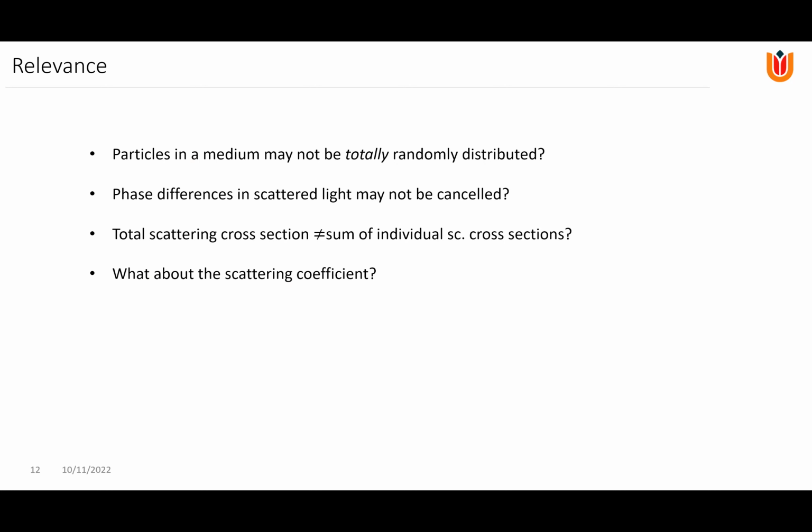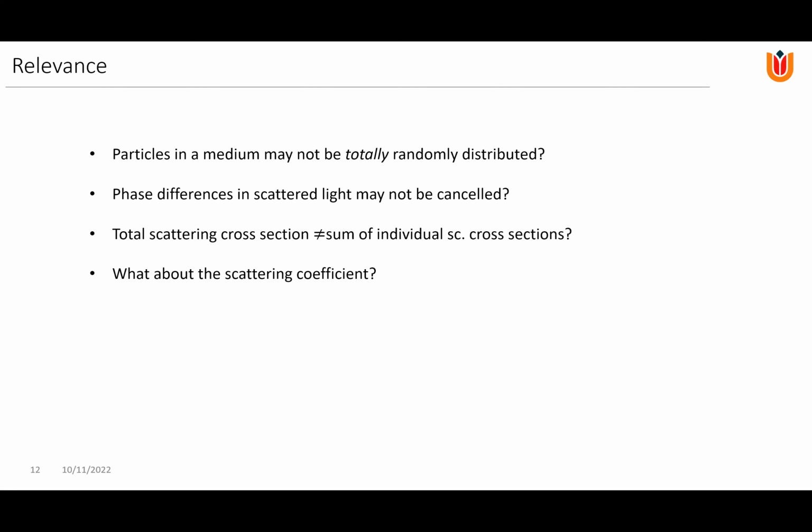The same thing happens with particles in the medium. Just like the restricted case for the chairs, particles in the medium may not be completely randomly distributed. They cannot just take every point in space, because they can at best touch, but they cannot overlap in space. So that means that the phase differences of the light that is scattered from these individual particles are not totally random.